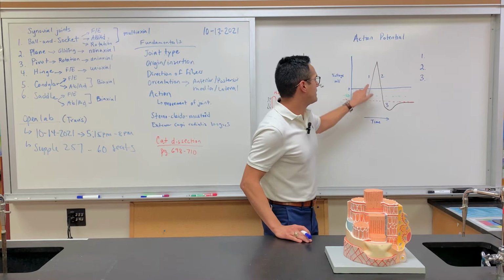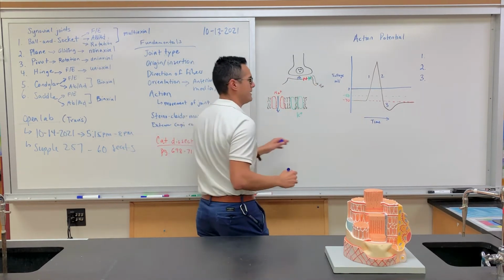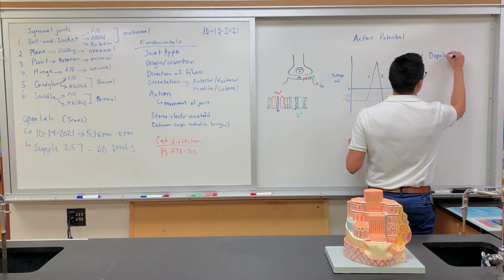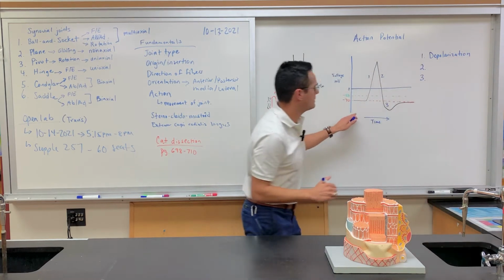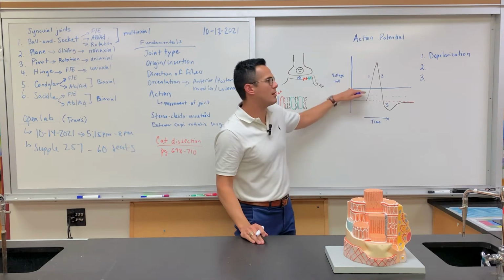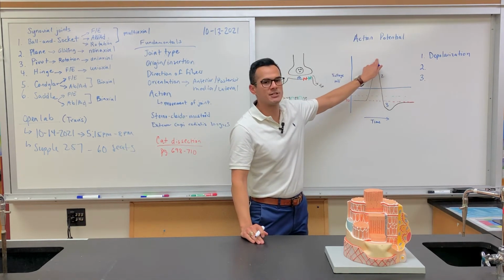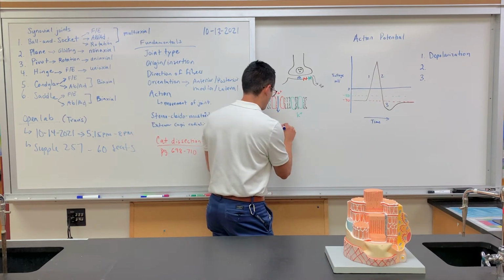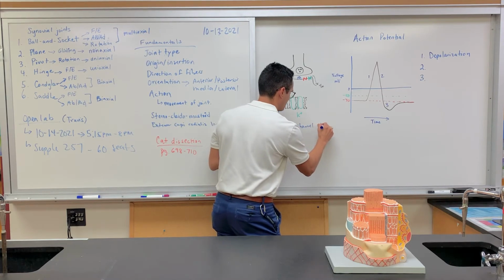So the first event where sodium rushes in is known as depolarization. So you have depolarization whenever the membrane potential becomes more positive, so it's going up, up, up, up, up. And then once we reach the peak, the sodium channel is going to close.